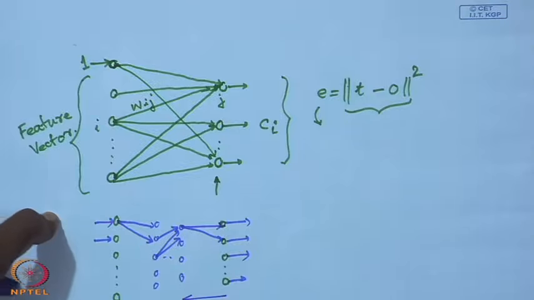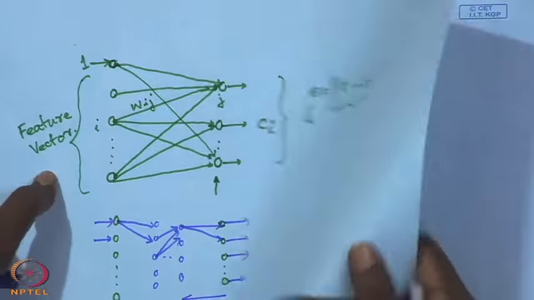So, there again we get an error, and when I express this error as a function of the weight matrix or the connection weights, we try to reduce that error by optimizing or adapting the weights. And when we adapt the weights, the error information for reduction of the error propagates from the output layer to the input layer. So, it propagates in the reverse direction.